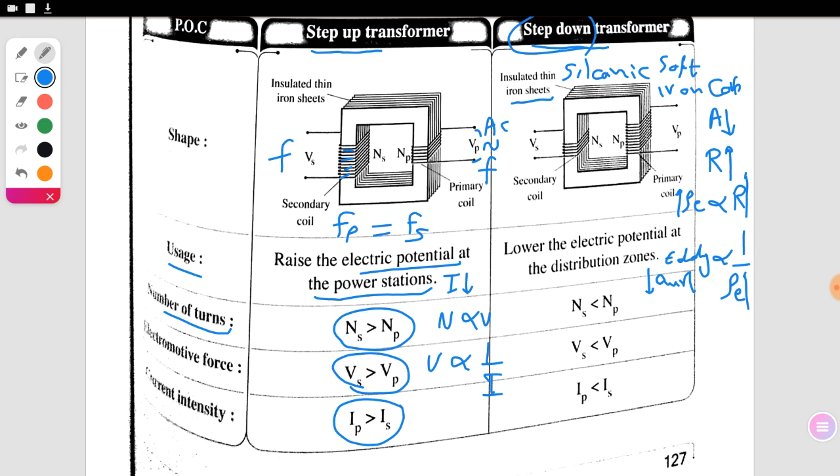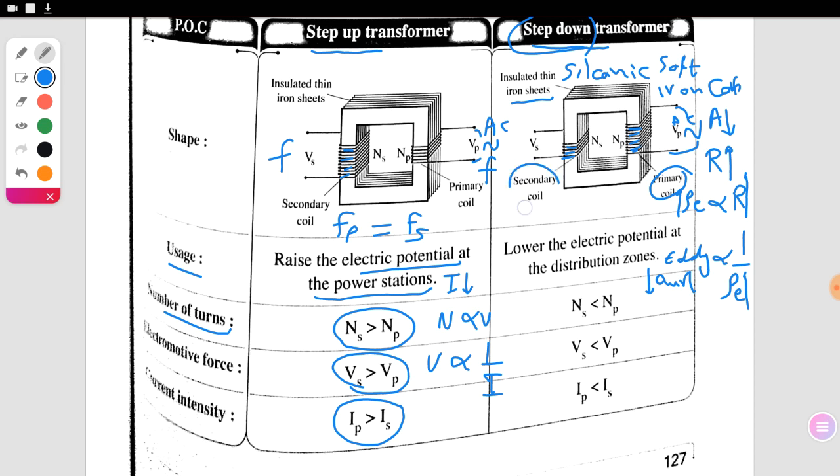But in this state, the number of turns of the primary coil is greater than the number of turns of the secondary coil. The primary coil is connected with the source of alternating current, not direct current. The structure of the transformer is composed of a primary coil made of copper, which has low resistance to produce small heat energy in the form of lost energy.